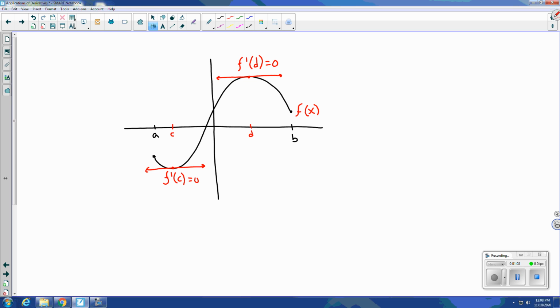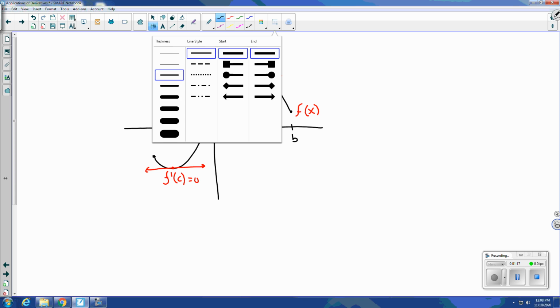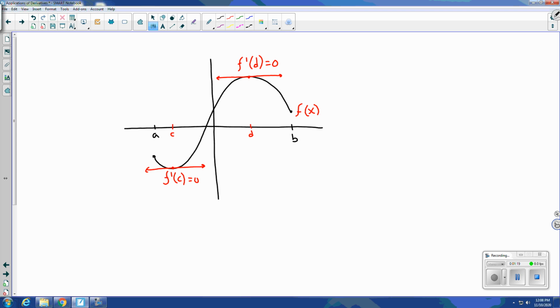And when the derivative at that point equals 0, we can see that we have a max or a min. So let's make the distinction that f of c and f of d represent what we call extreme values. Extreme values are going to be our max and mins.